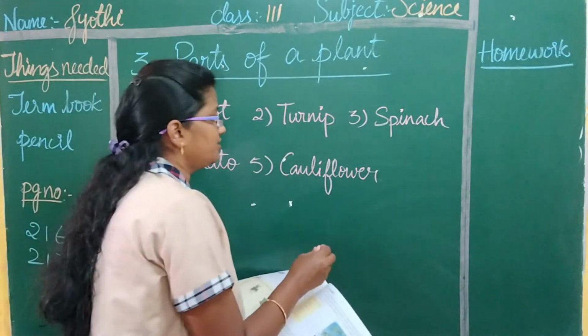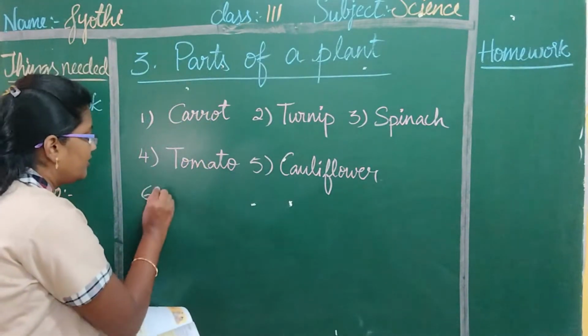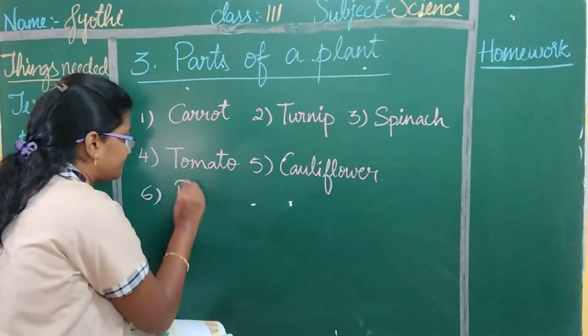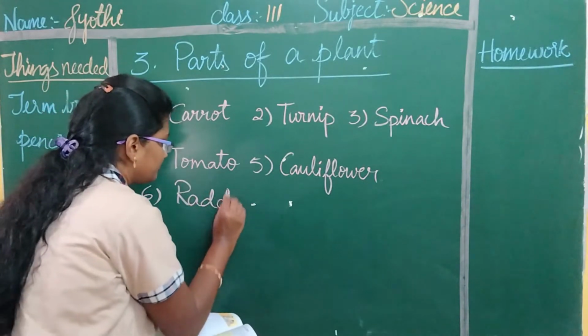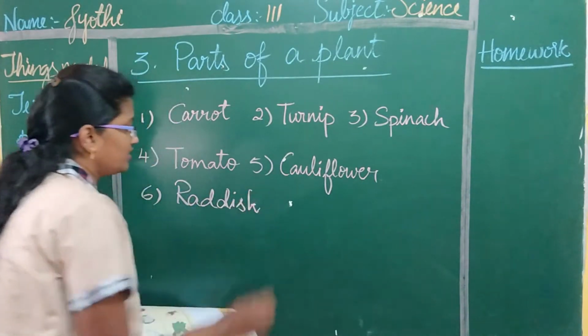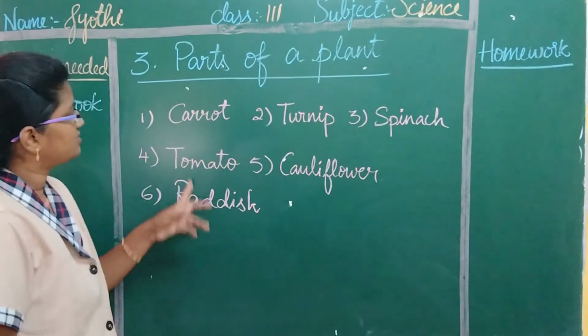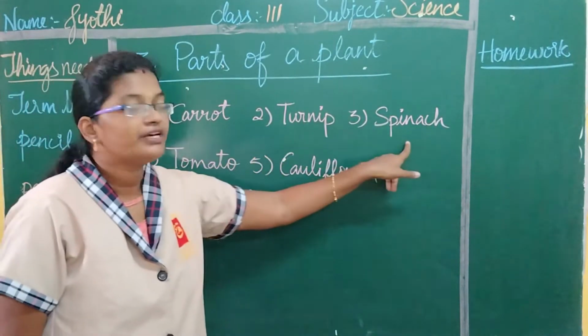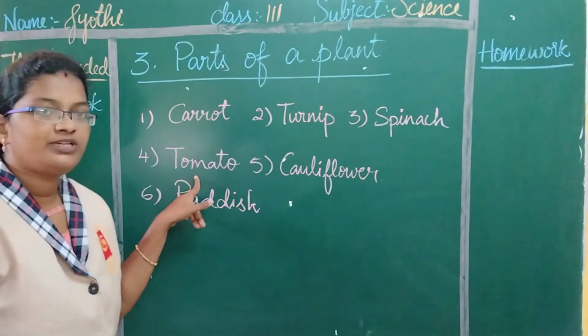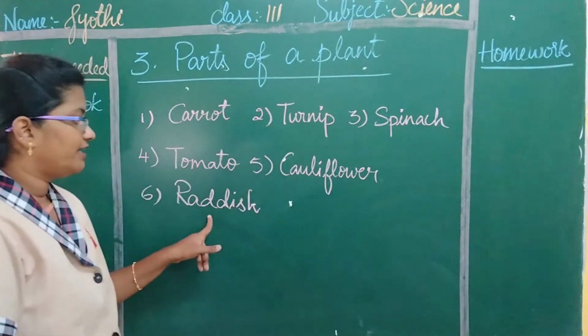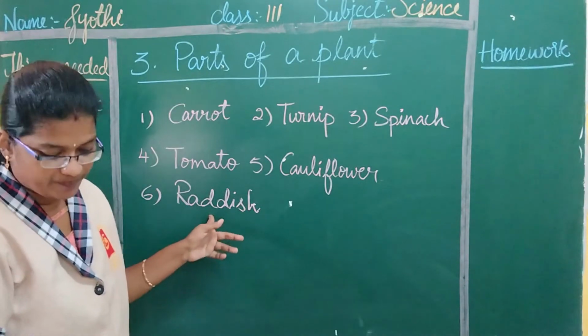And the last one is radish, R-A-D-D-I-S-H, radish. Carrot, turnip, spinach, tomato, cauliflower, and the last one is radish.